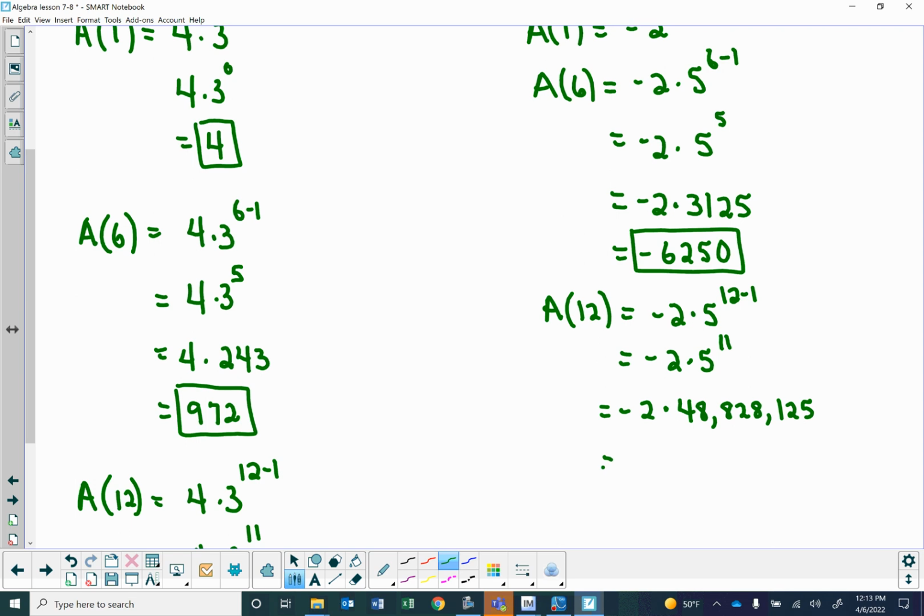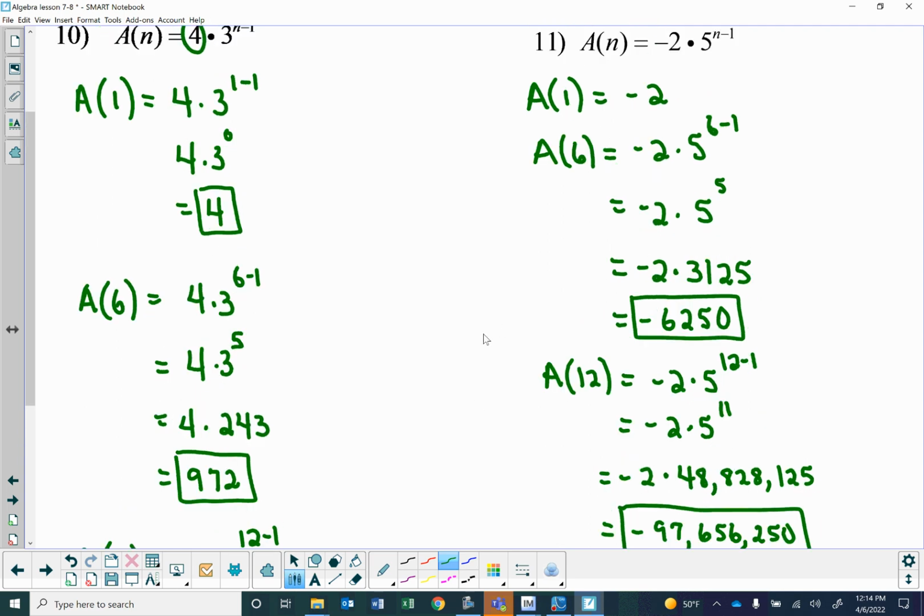And when you multiply that by -2, you're going to get -97,656,250. So there would be our 12th term of that particular sequence.